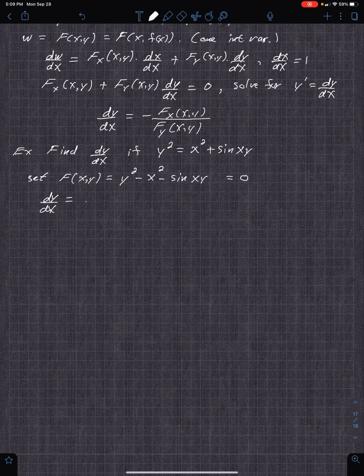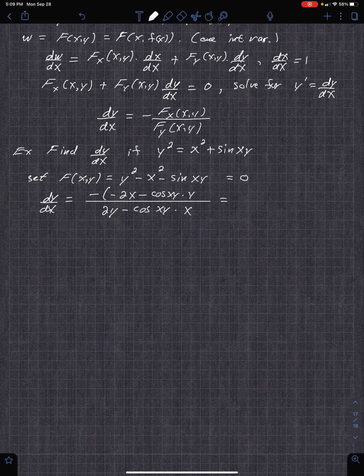Okay, so what you get is minus, and then partial F_x would be negative 2x minus cosine xy times y, over 2y minus cosine xy times x.